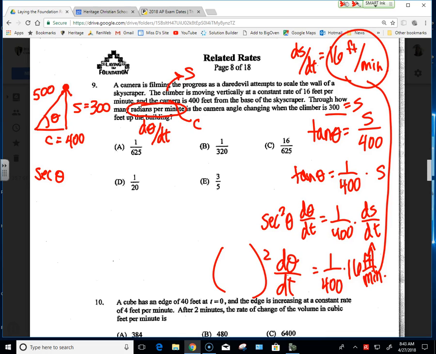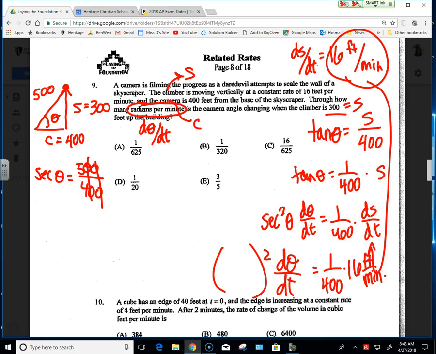No. All I need, and this wasn't a graphing calculator problem, is the secant, and secant, SOHCAHTOA, remember? Hypotenuse over adjacent, or secant is the reciprocal of cosine. So cosine is 400 over 500, so secant is 500 over 400.